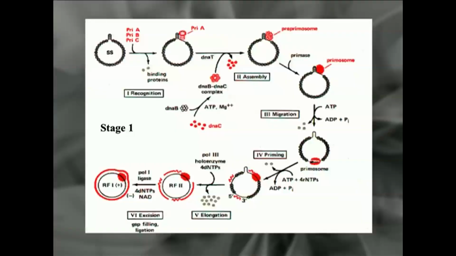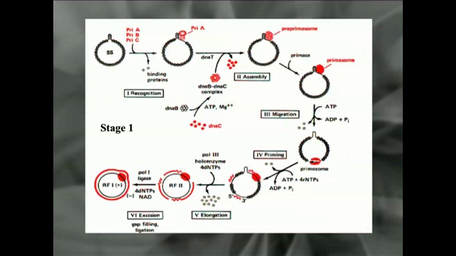Formation of a primer is very difficult for ØX174. Now, 6 E. coli proteins initially form a complex called the pre-primosome complex. This pre-primosome complex is formed by PriA, PriB, PriC proteins of E. coli origin and DnaT, DnaB and DnaC proteins of E. coli origin.